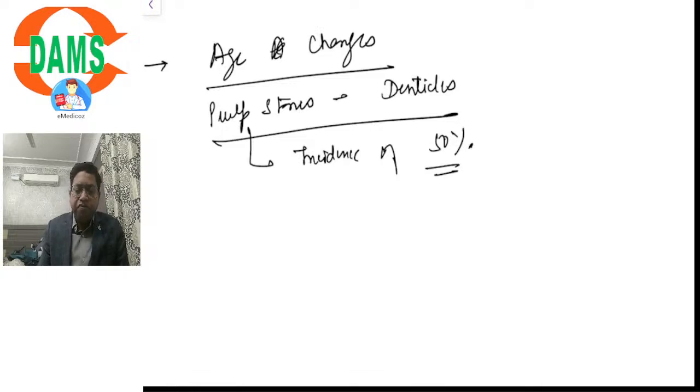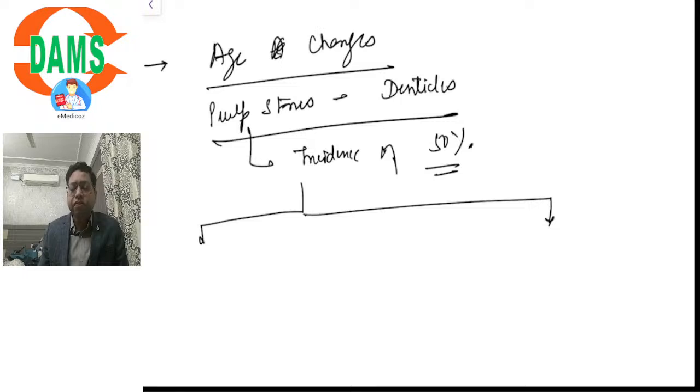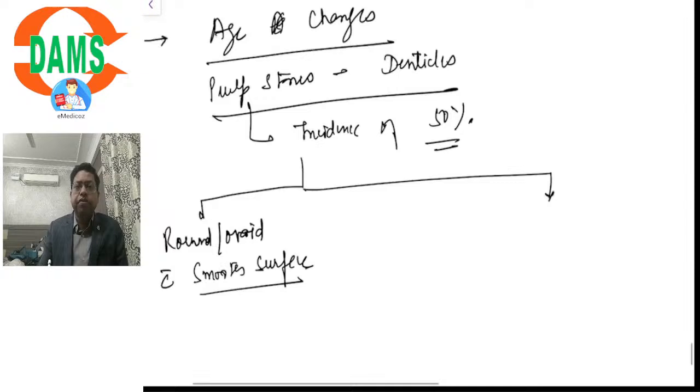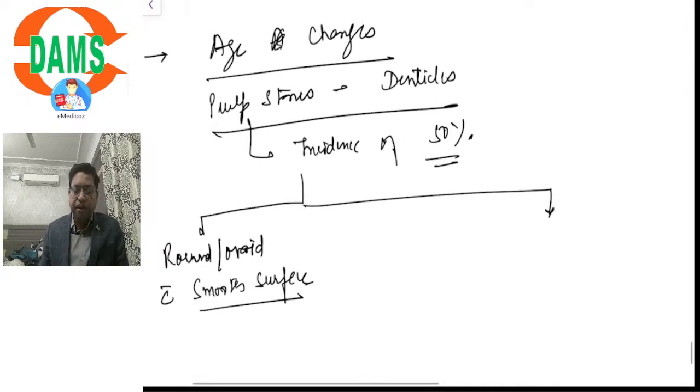The pulp stones can be categorized into two principal types. One type of pulp stones are round or ovoid with a smooth surface and concentric laminations.